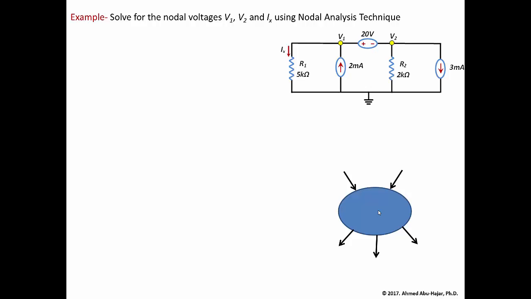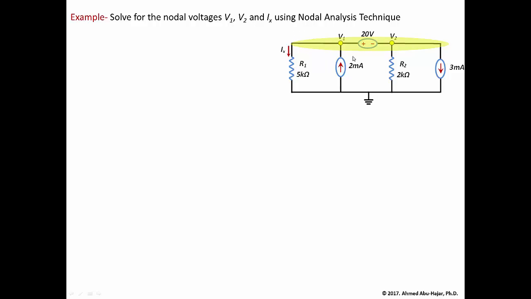Then the currents that enter a node will equal the current that leaves the node. If there is no current entering the surface, but all the currents leave the surface, then the sum of all the currents leaving is going to equal 0. It's basically KCL.